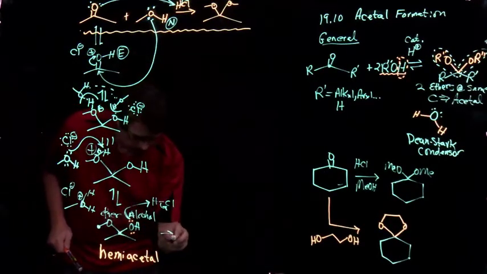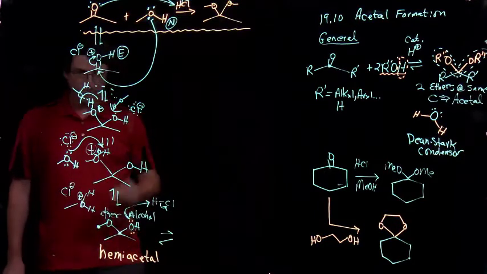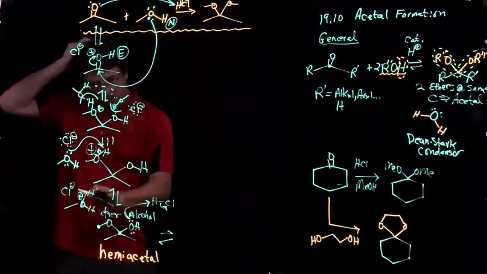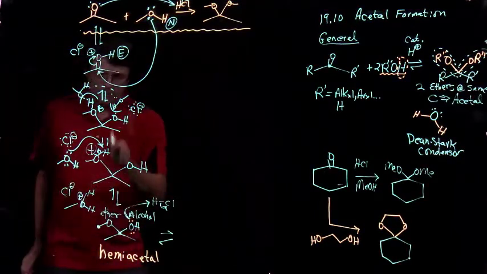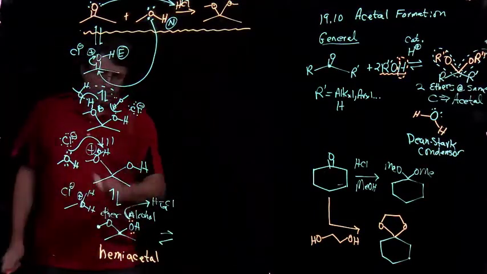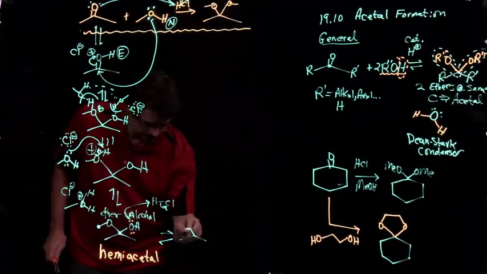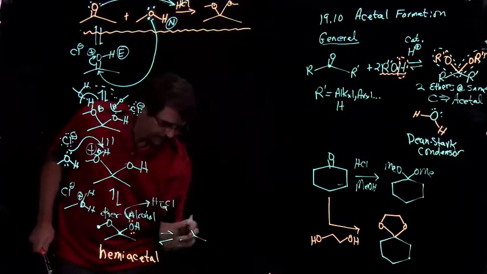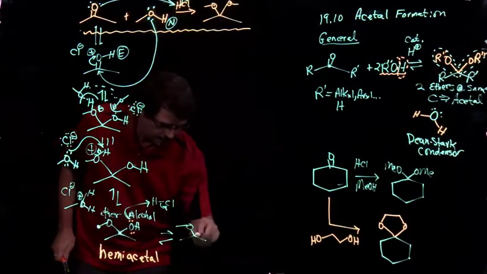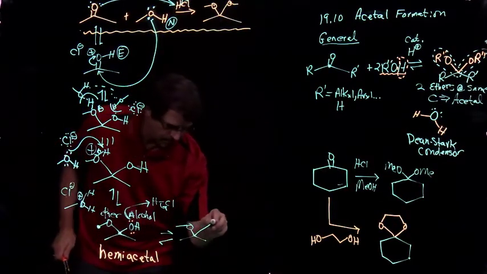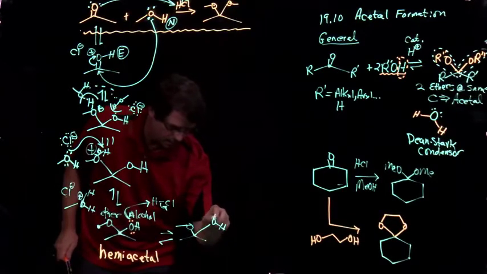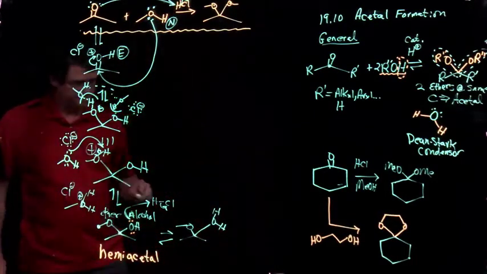Now again, remember these are all reversible reactions, and depending on the exact details of the structure, like what substituents are on here, you get different proportions of all of these intermediates in a reaction. There's my ether linkage. I now have a protonated alcohol here.